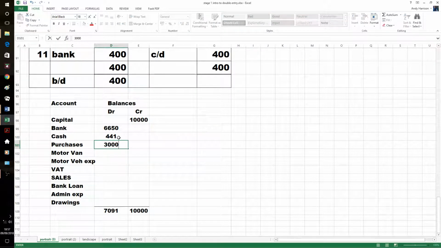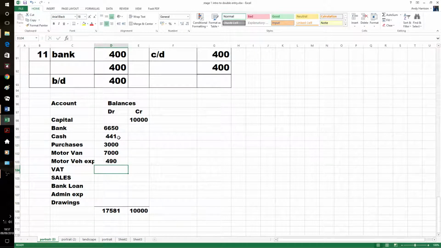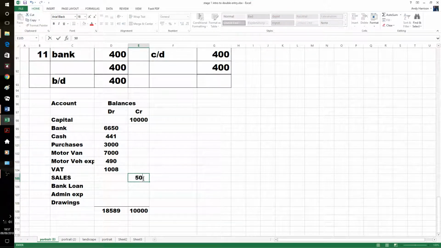We'd spent 3,000 on purchases, and we've got a £7,000 van, £490 worth of motor vehicle expenses, and the government owed us £1,008. So sales, start to even itself up, £5,000 worth of sales.